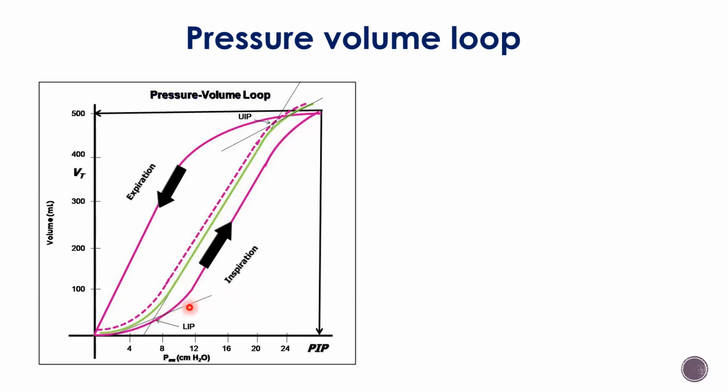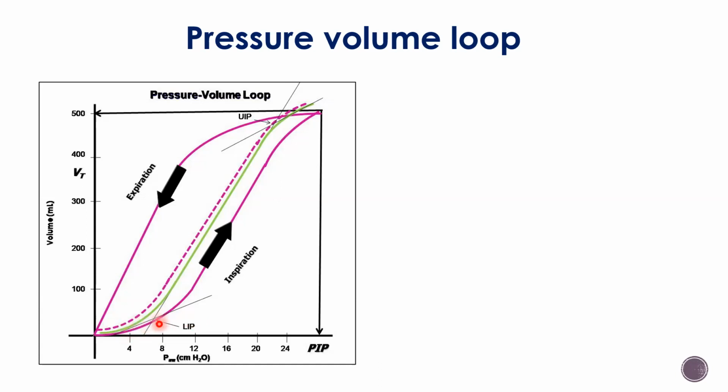One more important aspect is compliance. If I say the compliance is good from this point, the compliance of the structure of the lung will differ with different pressures and different volumes. Here, the compliance of the lung is good.